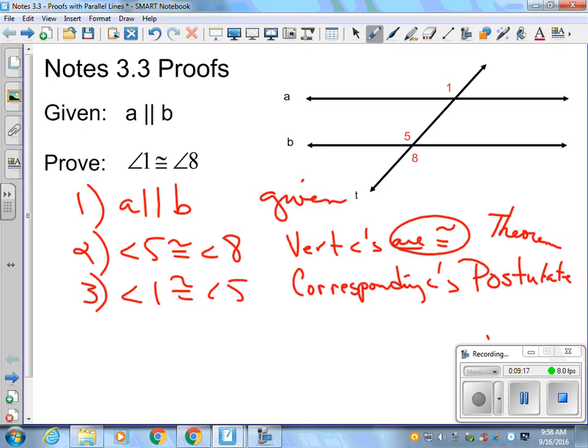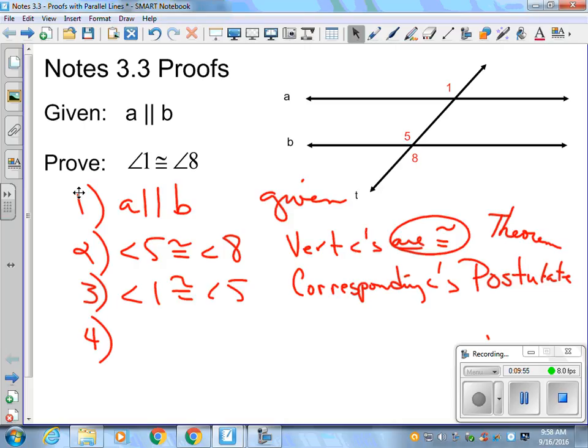Now, in this proof, the idea is I try to tell everything I know about the angles that are vertical, corresponding, or supplementary. Do I have any supplementary? No. Okay. And when I say supplementary, I meant 2 side by side, not just 2 that make 180. So, when I look at these, though, I see something else that we have studied so far. If 1 is equal to 5, and 5 is equal to 8, doesn't 1 have to be equal to 8?